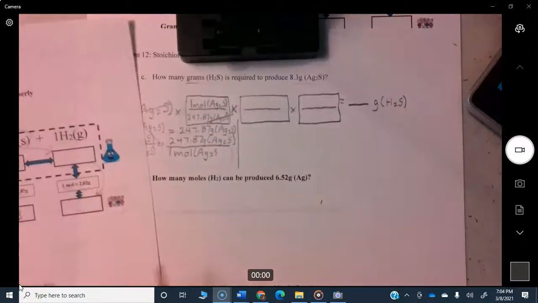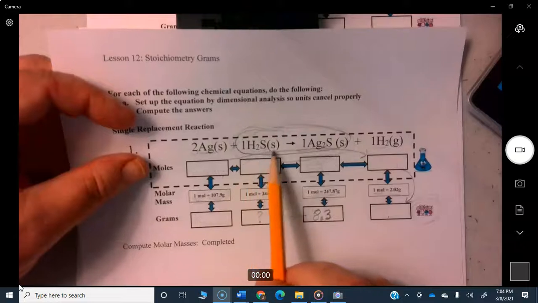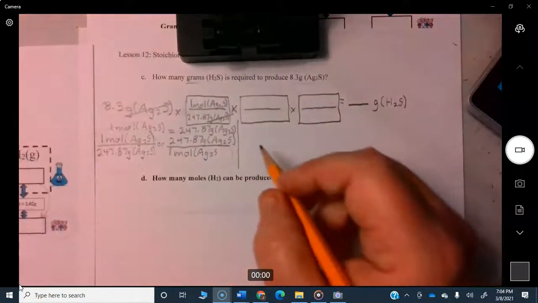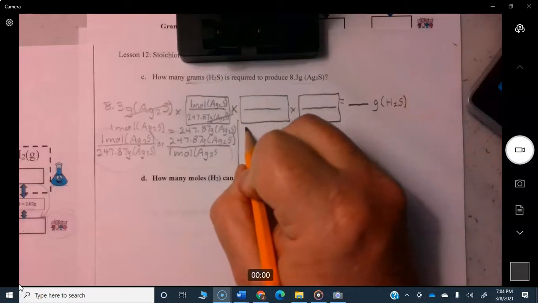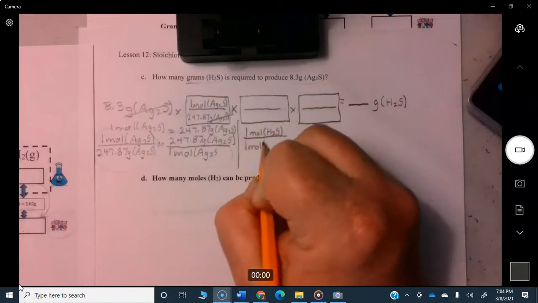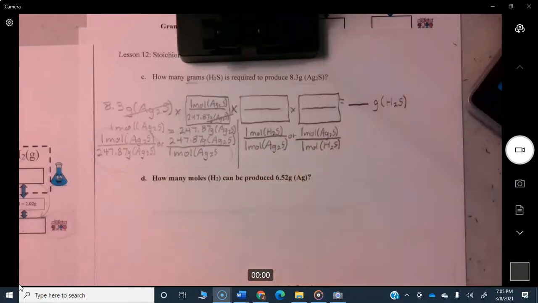So I tell you what, I'm going to save some space and I'm not going to write the equation of 1 H2S equals 1 Ag2S. I'm just going to go straight to the ratios here, because otherwise I could run out of space here. So it's going to be 1 mole. Okay, those are your two possibilities.